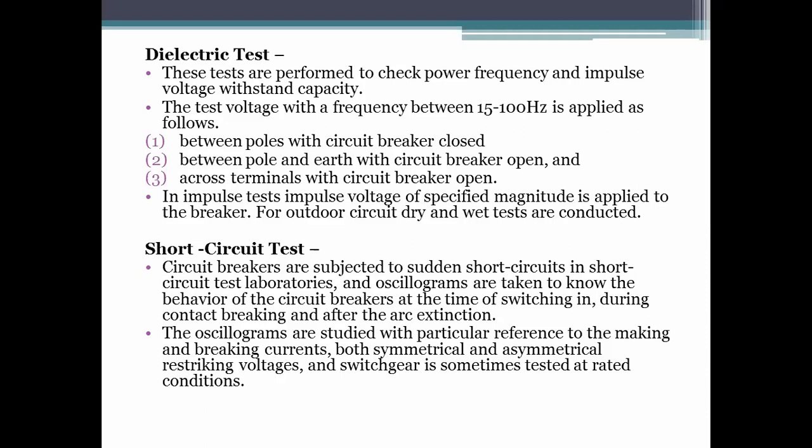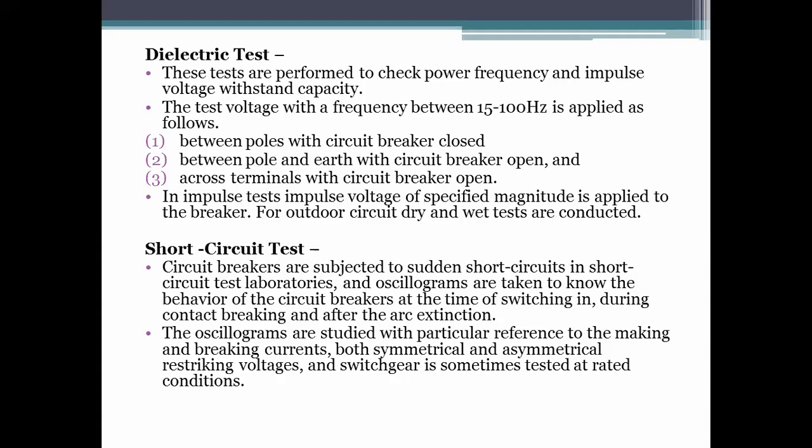When we start extinguishing that arc, these ionized particles get deionized, and the dielectric strength between these two contacts increases, and the conducting properties decrease. Means the insulating strength between these two contacts increases, and the arc gets quenched or extinguished. So while performing this test, we are checking the power frequency and impulse voltage withstand capacity.